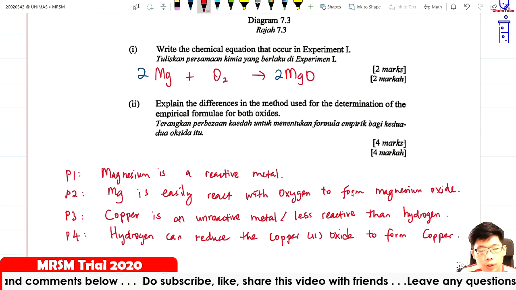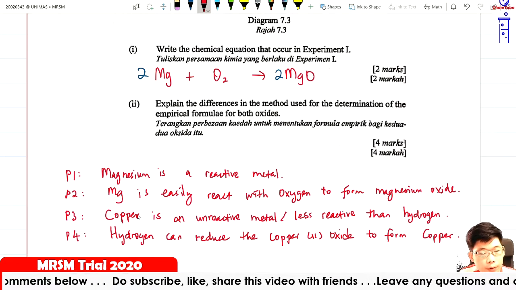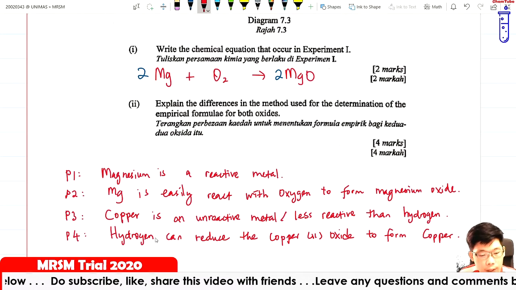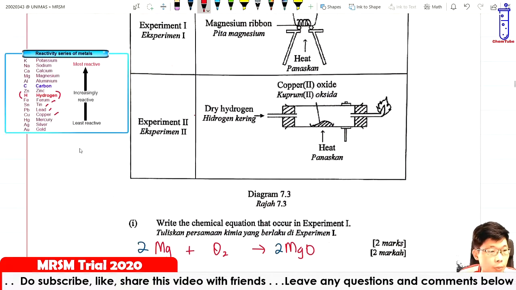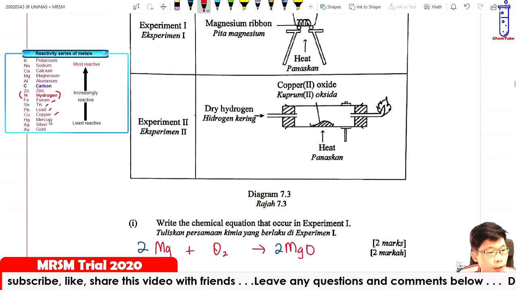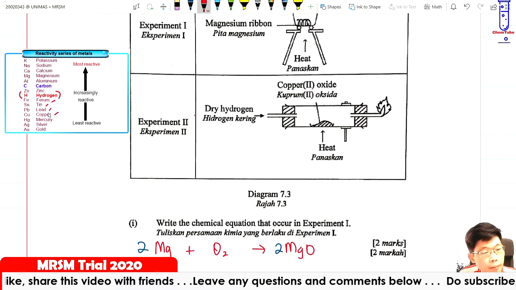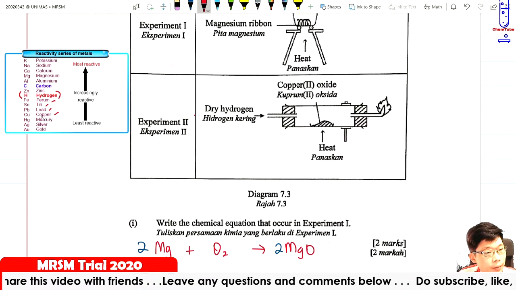So for point 3 and point 4, let's say if you use the lead metal, it also can, as long as it is below the hydrogen. So popular examples they will use in the exam will be copper and lead.